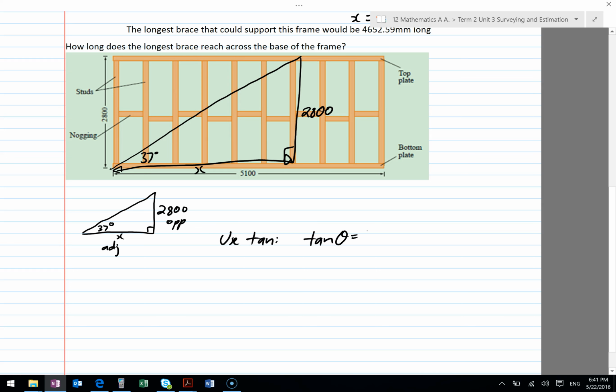Write the rule for tan. Substitute in the values that I know. And then I've got the same scenario as before. I need to multiply both sides by x, and then divide both sides by tan 37.